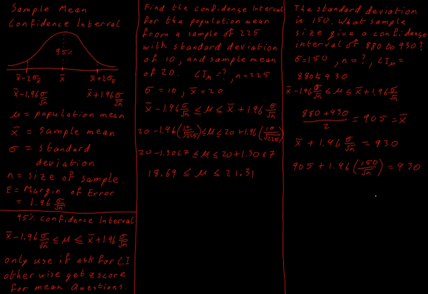Now this is just a bit of algebra. We are just rearranging our formula. And 1.96 and 150 all over root n. This is just rewriting it to a way that's a little bit more comfortable. We now need to rearrange our formula here.